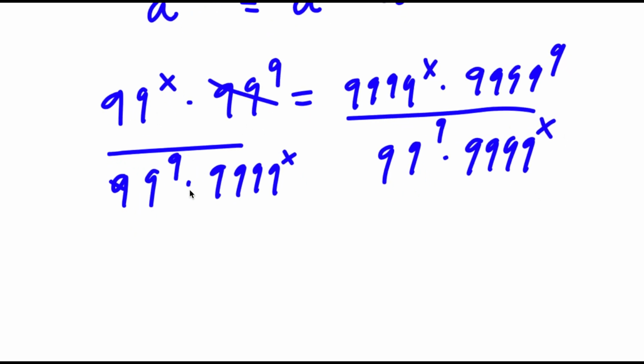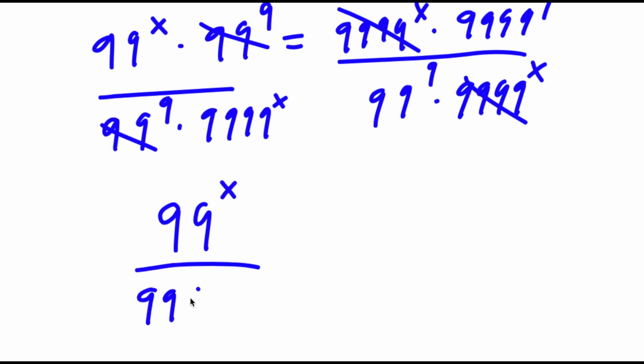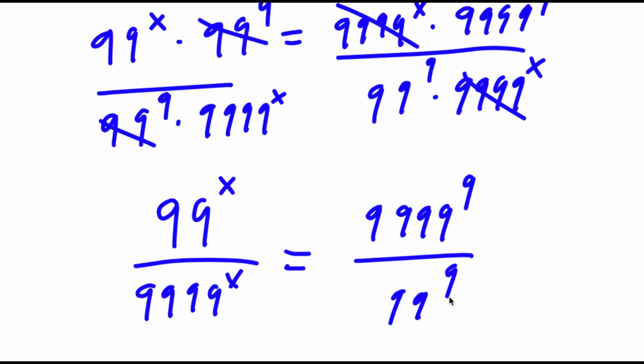So then these two cancel out from my left-hand side, and these two cancel out from my right-hand side. So now I have 99 to the power of x over 9,999 to the power of x is equal to 9,999 to the power of 9 over 99 to the power of 9.